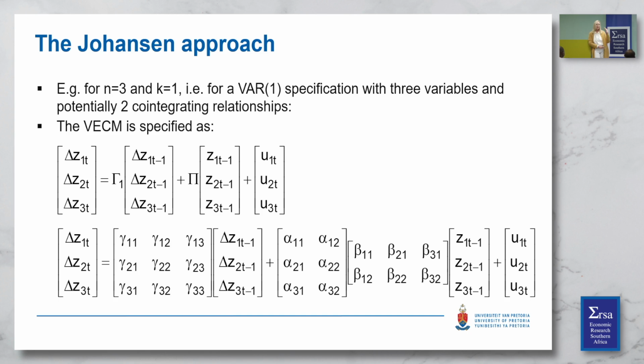Because 3 co-integrating vectors with 3 speeds of adjustment, that's not relevant, because that will mean we have 3 co-integrating vectors in a system of 3 variables, and that's clearly an implication that we're actually working with stationary data. That's the only place where they will all move in the same direction.